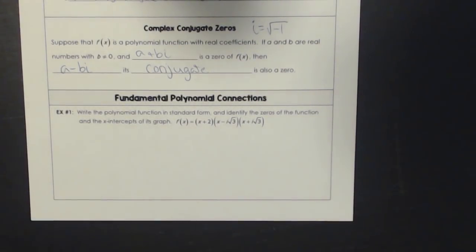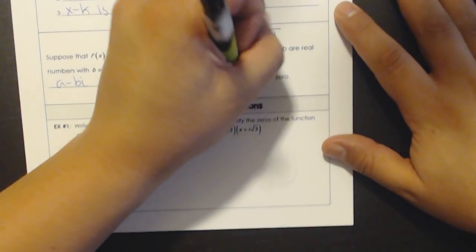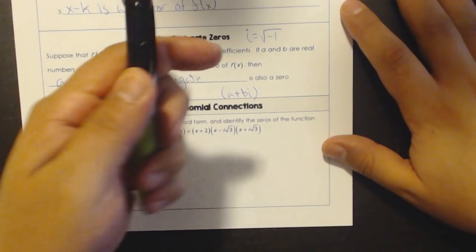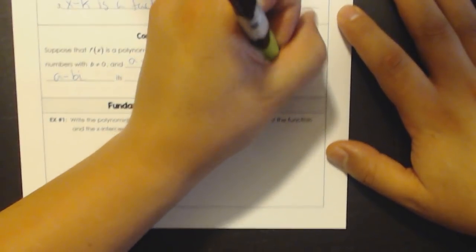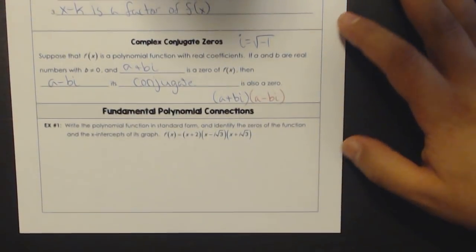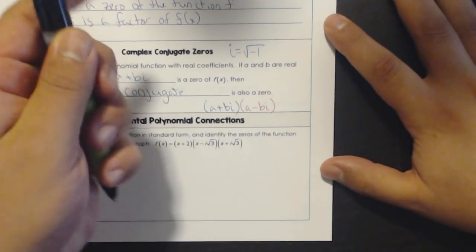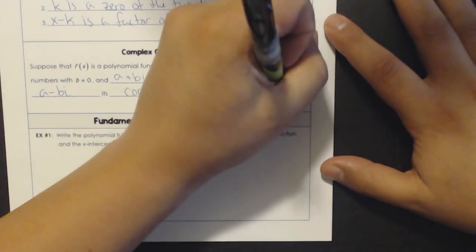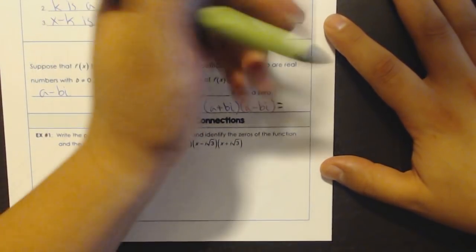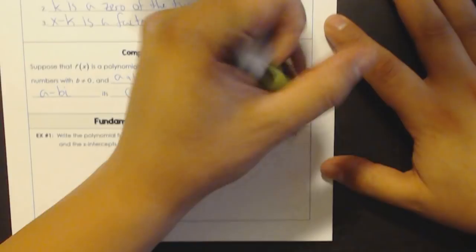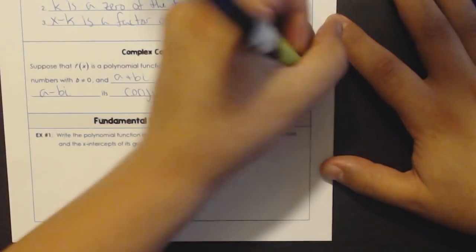If I have a plus bi times, let's make this a different color so we can see the difference, a minus bi, we get a squared minus b squared.